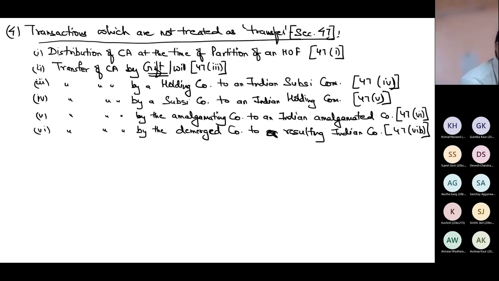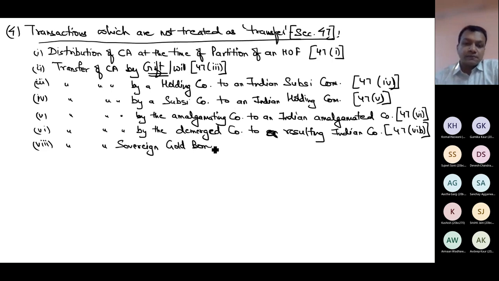Then you do only the relevant ones. Transfer of sovereign gold bonds 2015 issued by RBI.